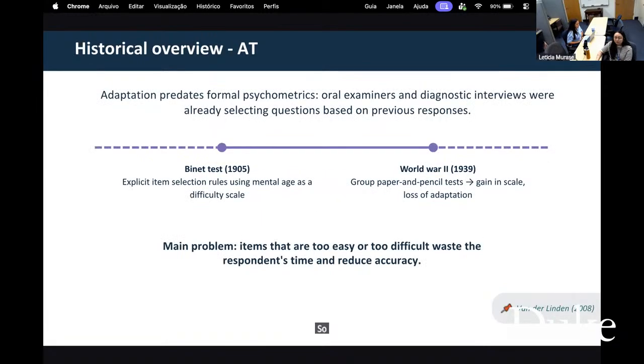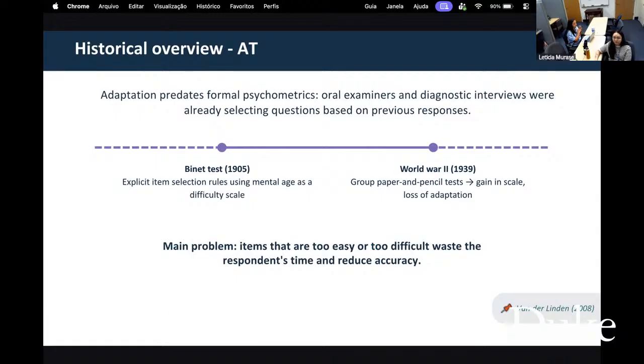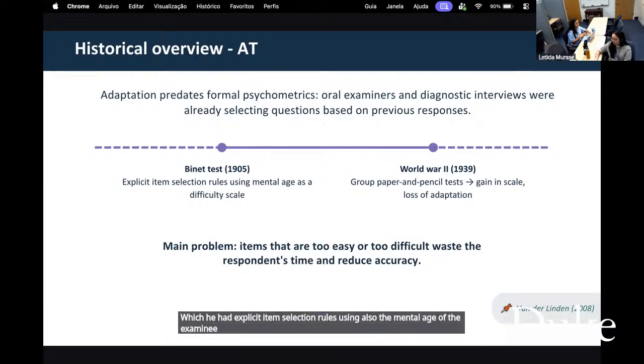So adaptation like this predates formal psychometrics, when oral examiners and diagnostic interviews were already selecting questions based on previous responses. The most famous test at this point would be, I don't know how to say that in English, the Binet test, which had explicit item selection rules, also using the mental age of the examinee as a difficulty scale.